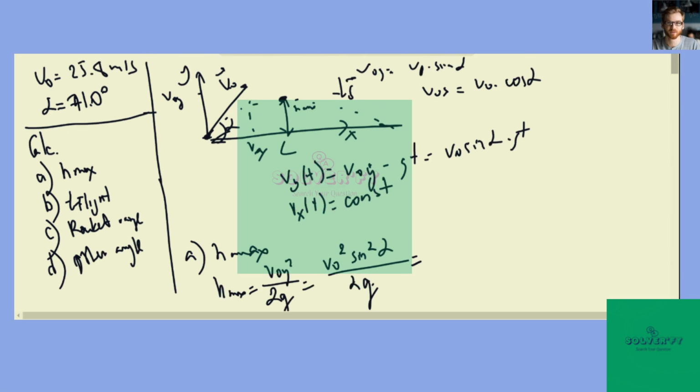It equals 25.8 times sine of 71.0 all squared, divided by 2g. Let's calculate this number.